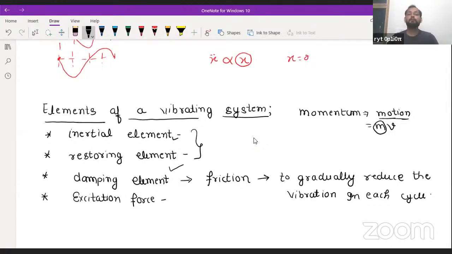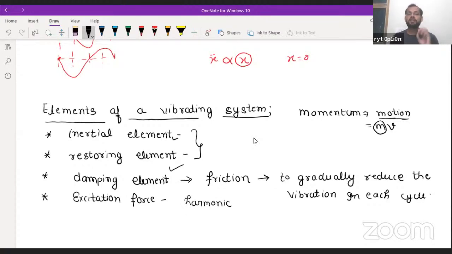Such forces are known as excitation forces. And keep one thing in your mind: inside a vibrating system, if any external force is acting, then the system will vibrate only when the excitation force is harmonic in nature.